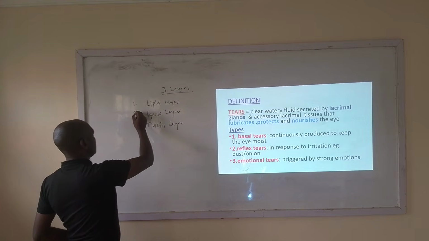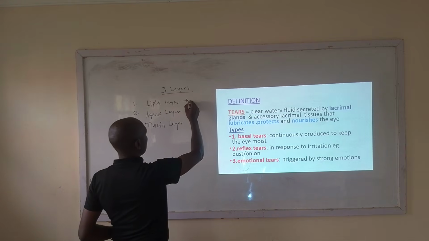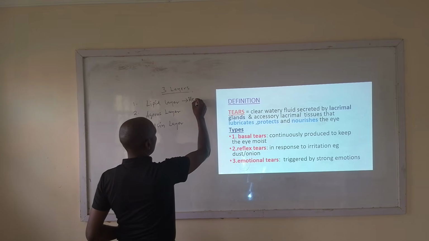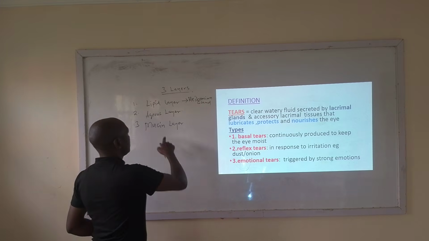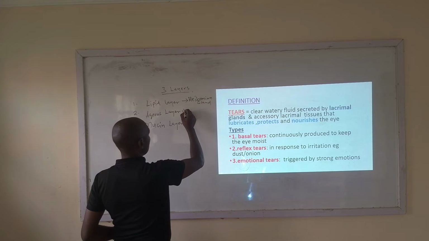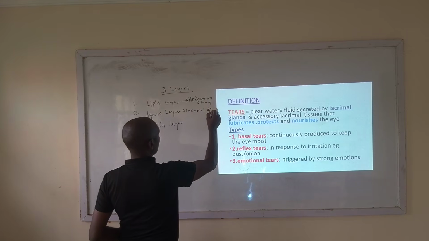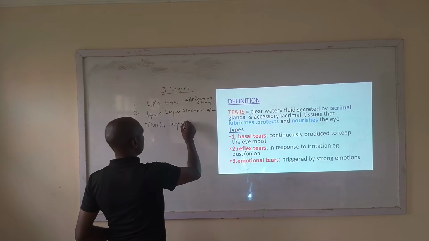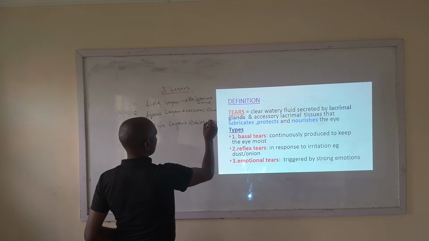This is 1, 2, 3. This lipid layer is normally produced by meibomian gland. The aqueous layer is usually produced by lacrimal gland, while the mucin layer is usually produced by goblet cells.